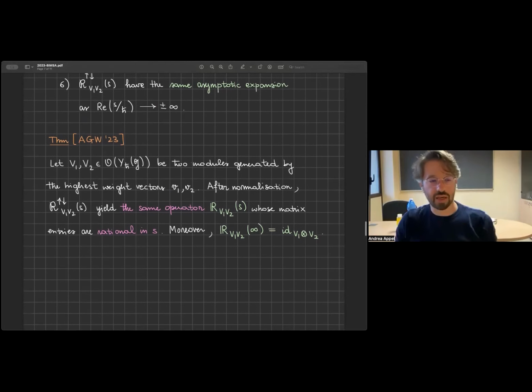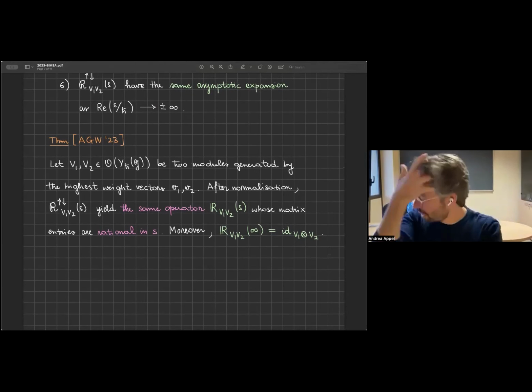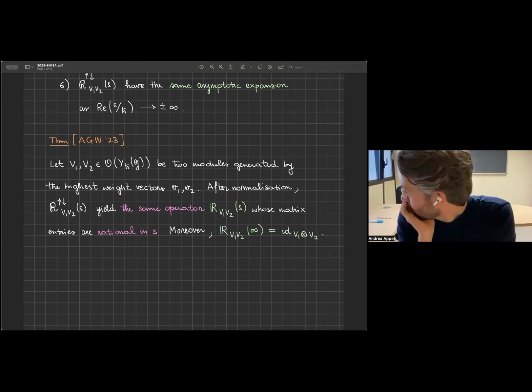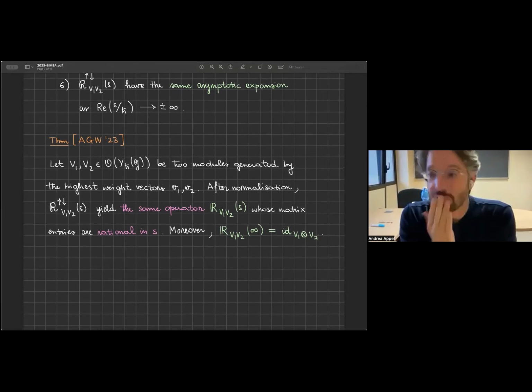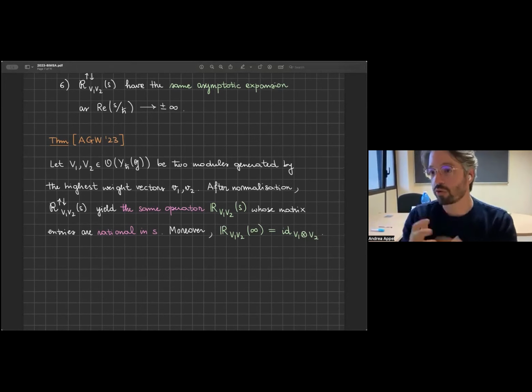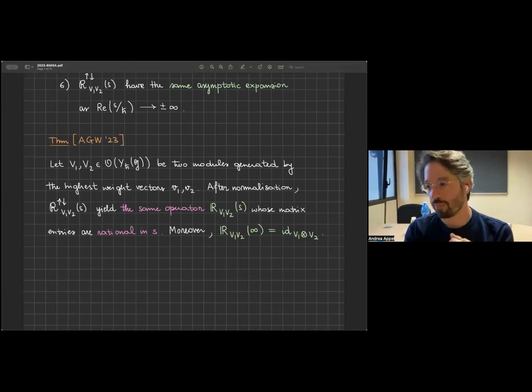Let me comment a little bit on this. If I really want to make a parallel with Drinfeld's theorem about the existence of a rational intertwiner, Drinfeld's theorem tells you there is a rational intertwiner whenever you work on a pair of finite dimensional irreducible representations.